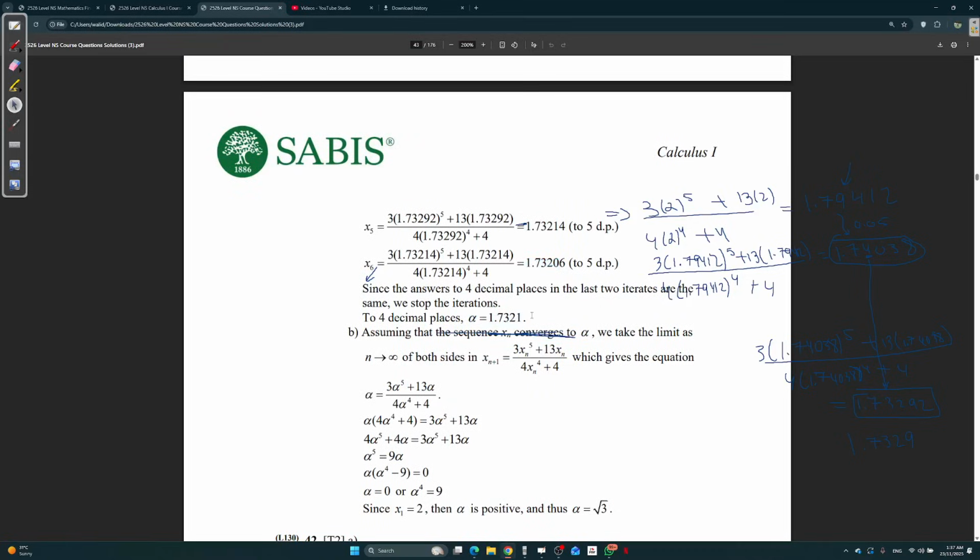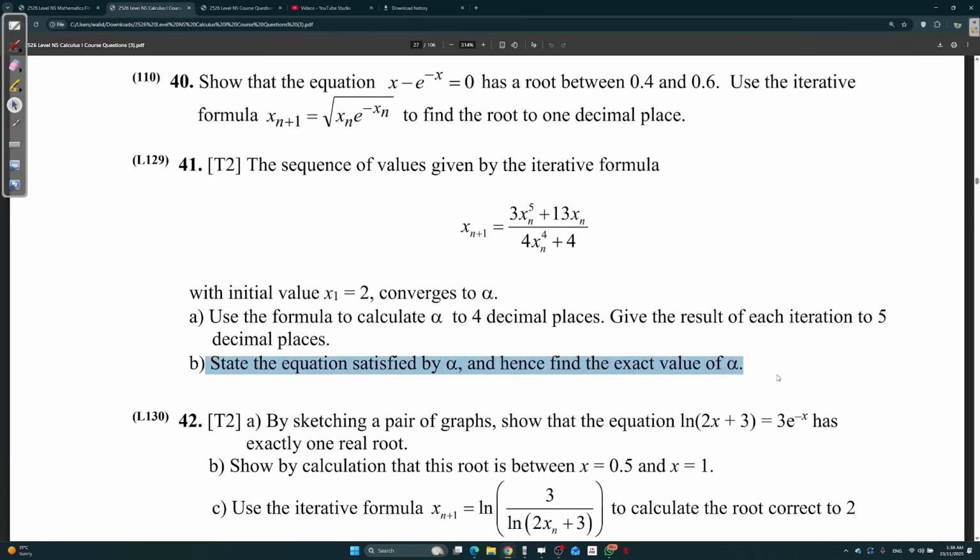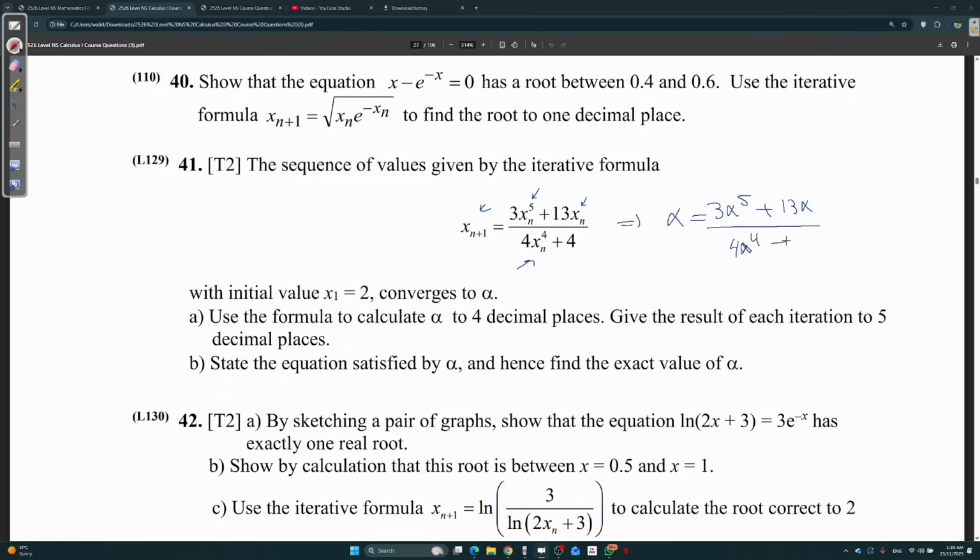Now over here, state the equation satisfied by alpha. This is exactly how you do it. You need to follow these steps. Basically, you change all these x's to alphas. So it changes into alpha equals 3 alpha^5 plus 13 alpha over 4 alpha^4 plus 4.